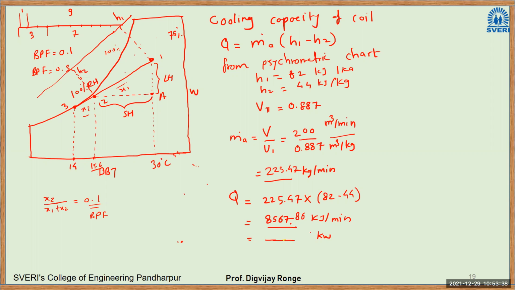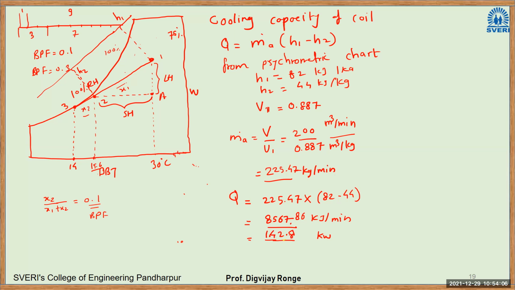Divide this value by 60 and you will get the value in kilowatt. So calculate in kilowatt. Okay, so 142.8.